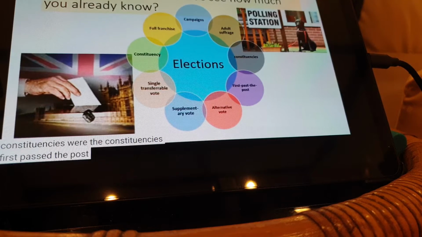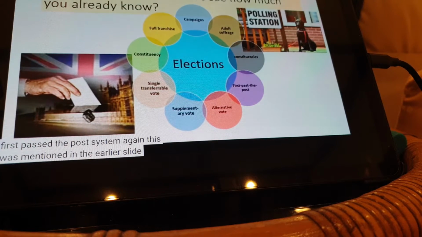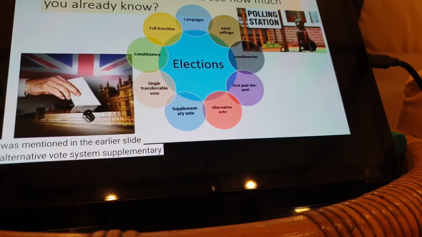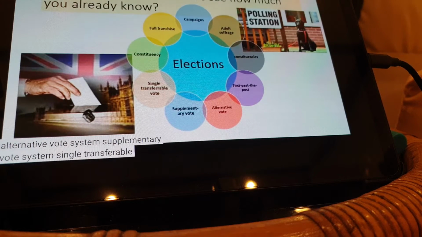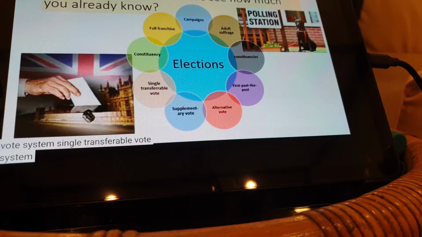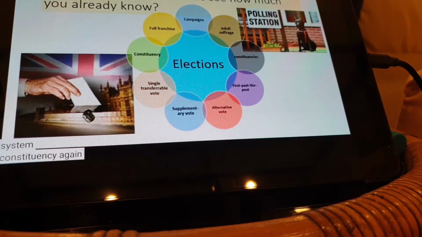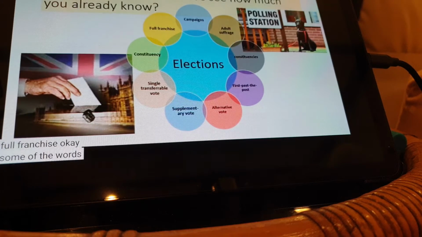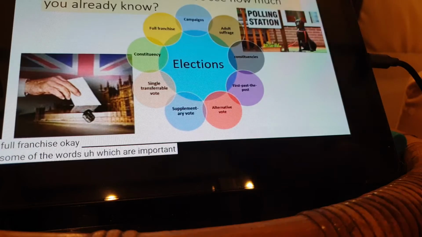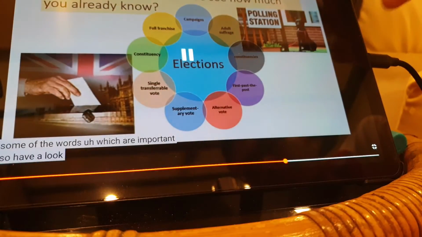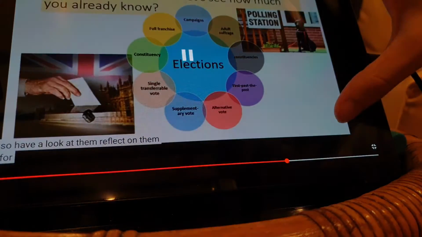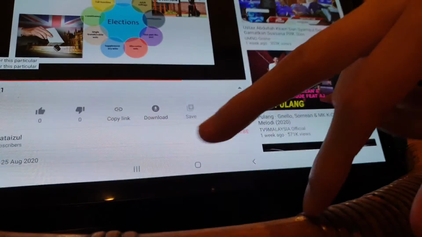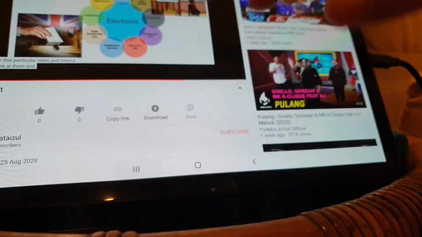First past the post system, again this was mentioned in the earlier slide. Alternative vote system, supplementary vote system, single transferable vote system, constituency, full franchise. Some of the words which are important. So have a look at them and reflect on them for this particular video.